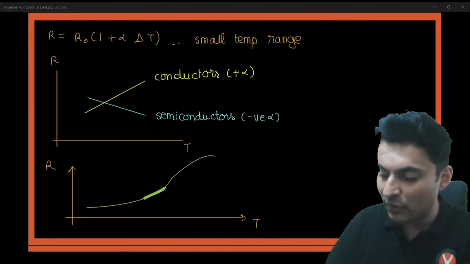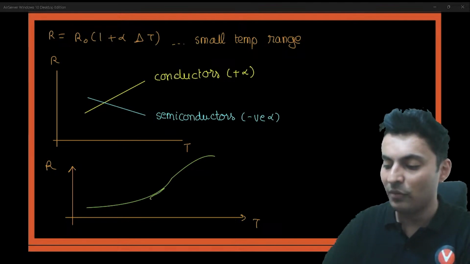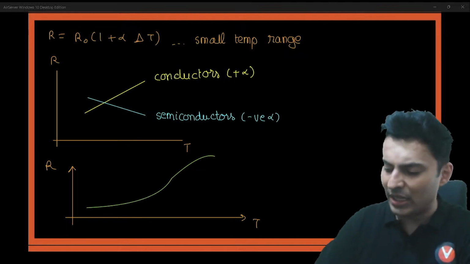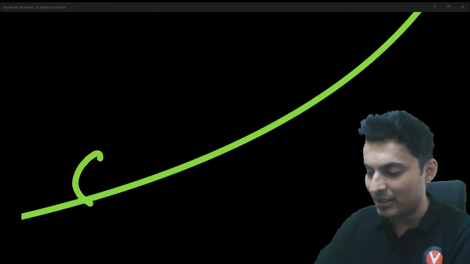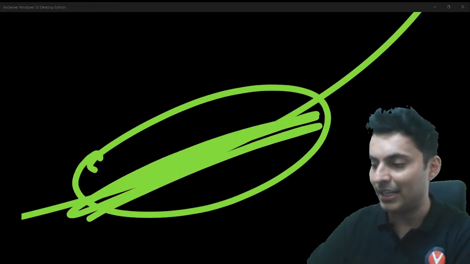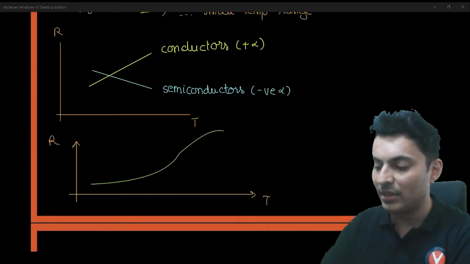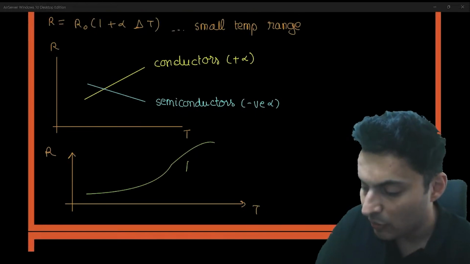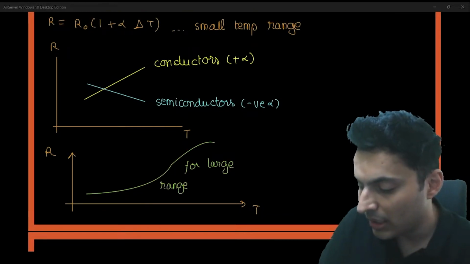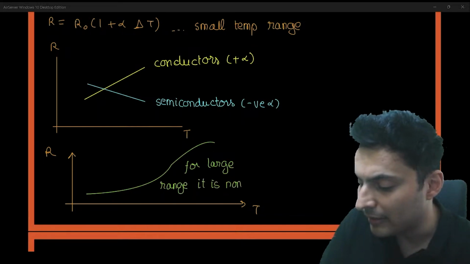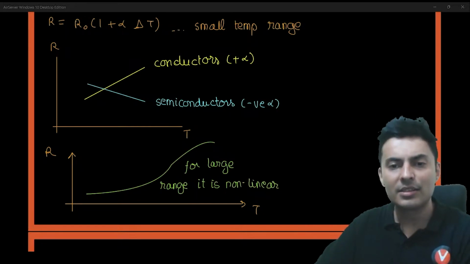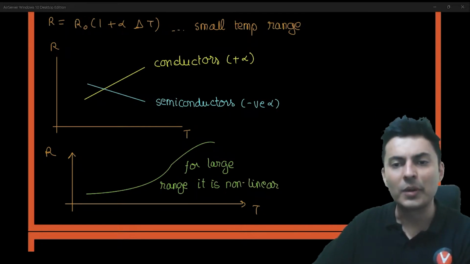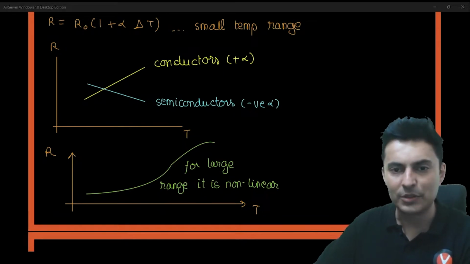It is only a straight line for a small range. You can see it's curved, but not curved so greatly. So if you take a small range, then you will see for this particular range it is almost like a straight line. Understood? So keep this in mind. For a large range, it is non-linear. It is linear only for a very, very small range. Keep this also in mind, my dear students. Very good. Excellent.